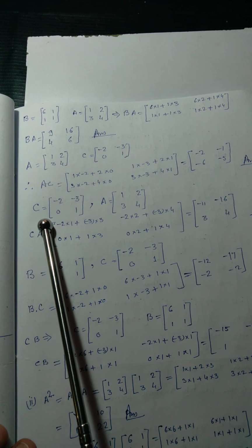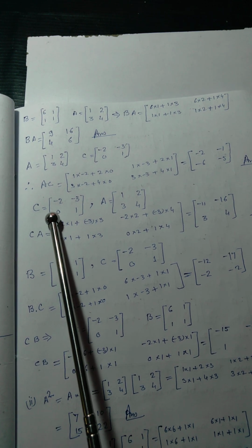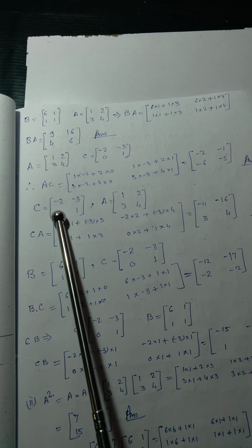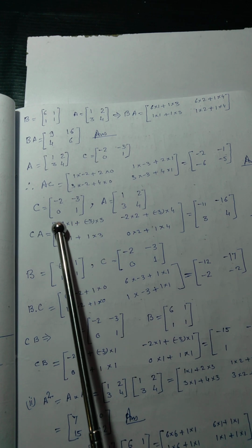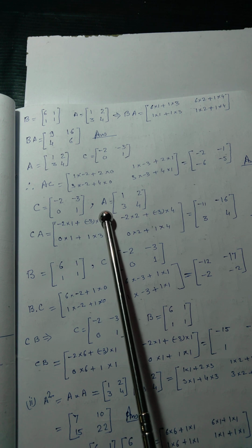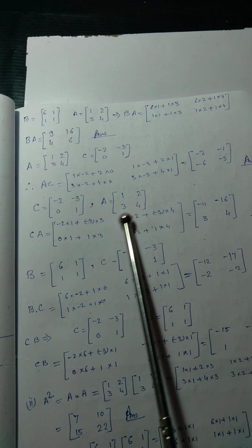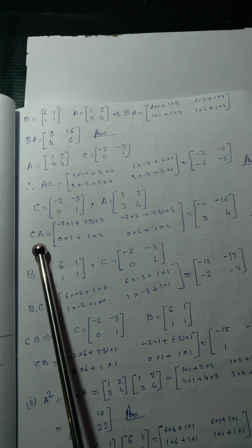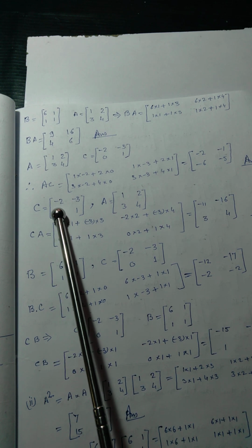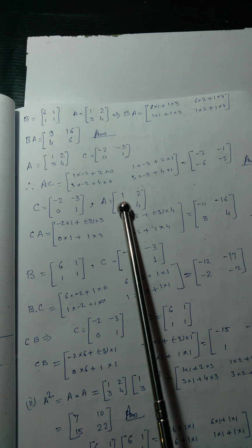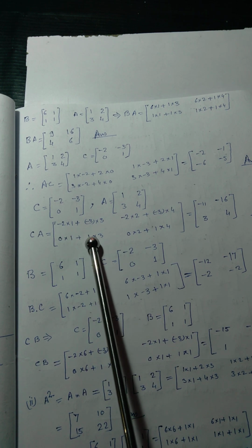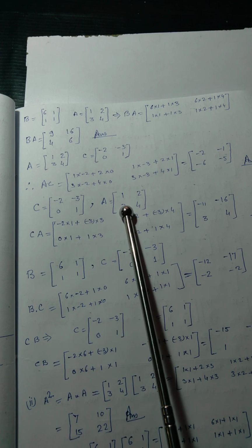Now proceed to the next part, that is CA. C is [-2, -3; 0, 1], A is [1, 2; 3, 4]. So CA will be equal to minus 2 multiplied to 1, so minus 2 into 1 plus minus 3 into 3.